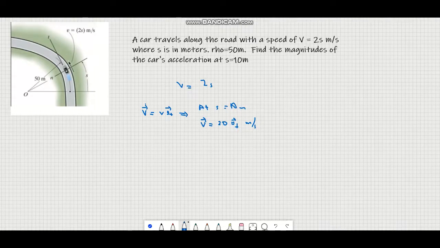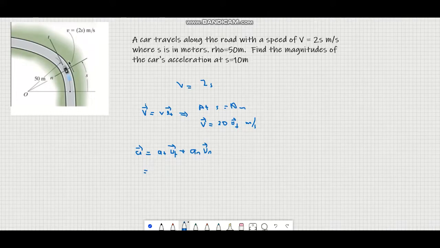Right now we need to find the acceleration term, which is the tangential direction acceleration with the tangential vector plus the normal direction acceleration multiplied by the unit normal.